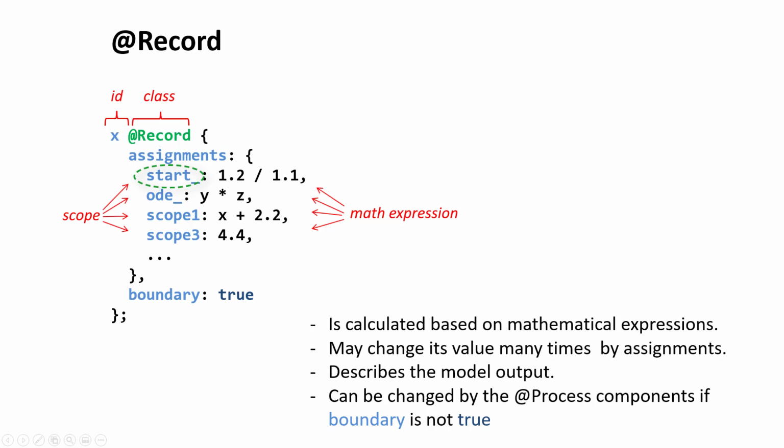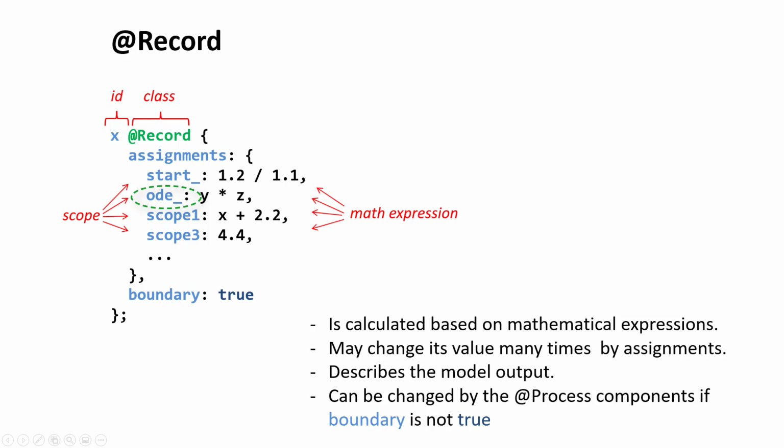The start assignment runs once at the initial step, before solving the system. Another predefined scope is ODE, and the value of a component is recalculated at each time point, for example, at each point of solution. When we use this assignment, we describe the explicit rule for calculation of the value.